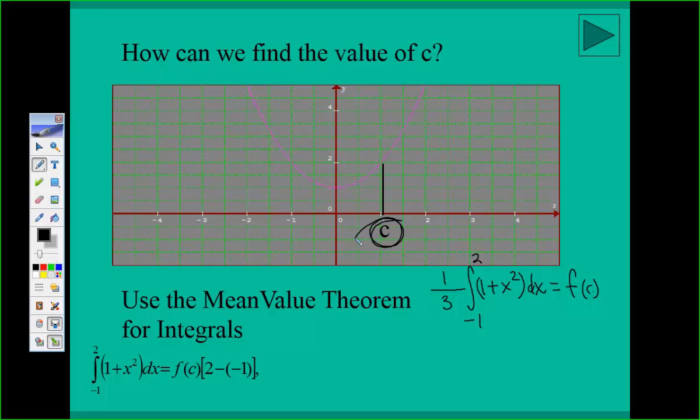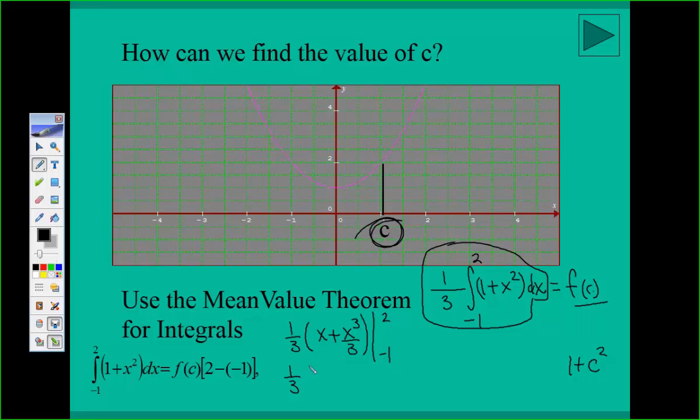Well, we can find the value of this integral right here. We would have 1/3 times x plus x cubed over 3, and we'd be evaluating that from -1 to 2.